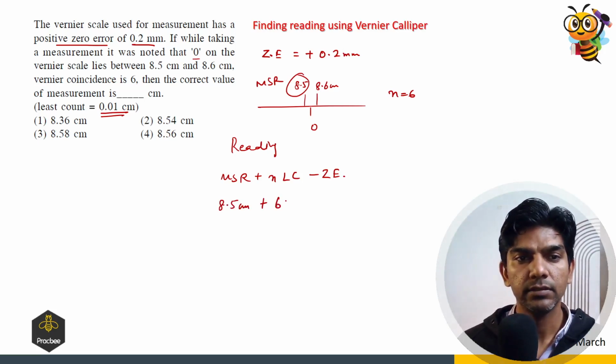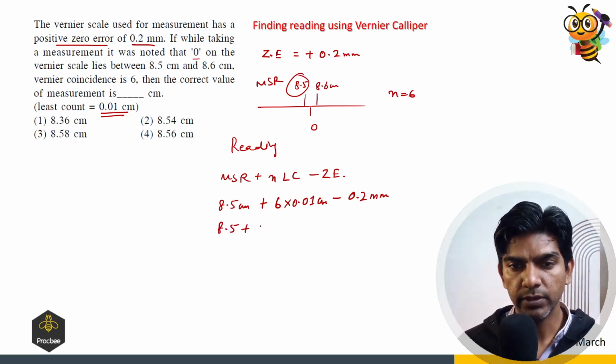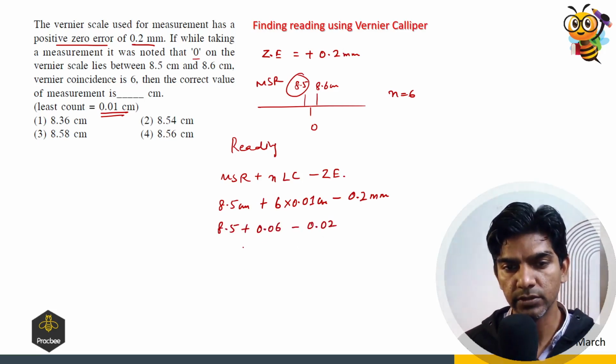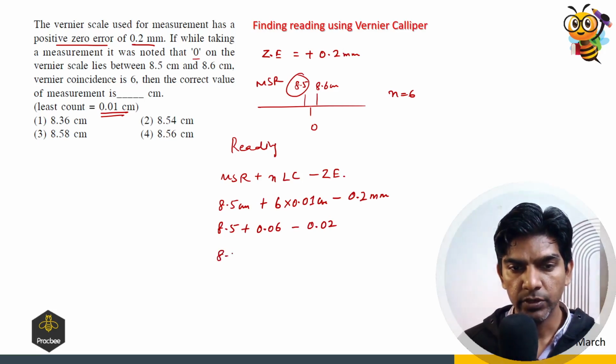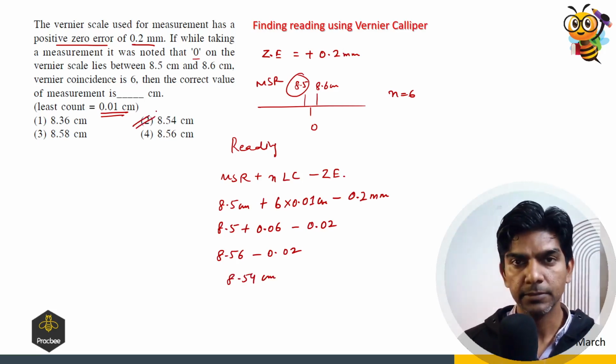N is 6, least count is 0.01 centimeter, and 0 error is given as 0.2 millimeter. And we have to find answer in centimeters. So this will become 8.5 plus 0.06 minus 0.02 in centimeters. So it will be 8.56 minus 0.02, which is 8.54 centimeters. So option 2 is the right answer.